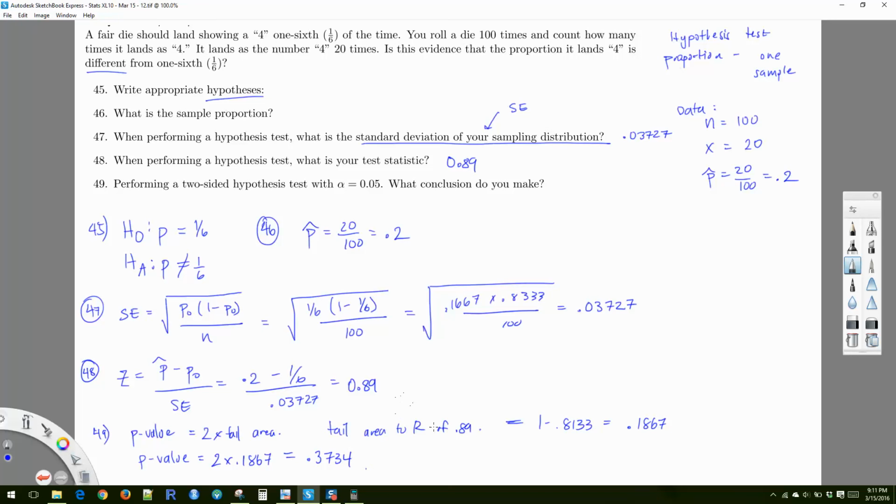And this means we do not reject the null hypothesis. We do not have evidence that our die rolls the number 4 at a proportion different from 1/6.